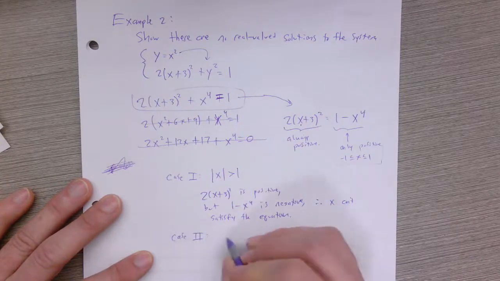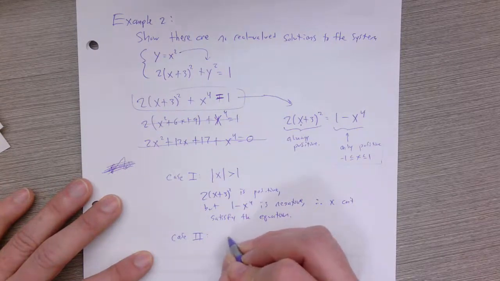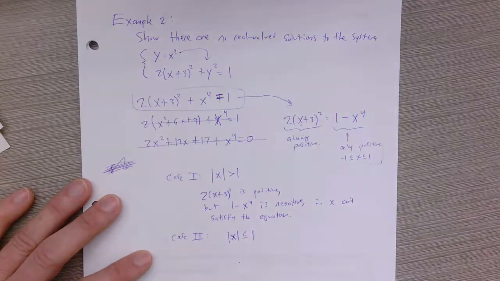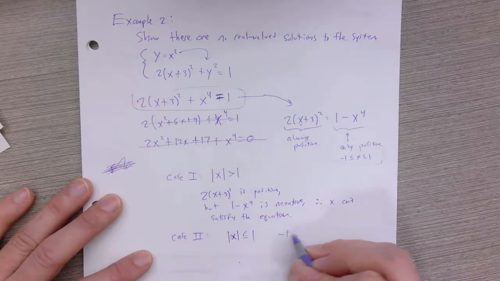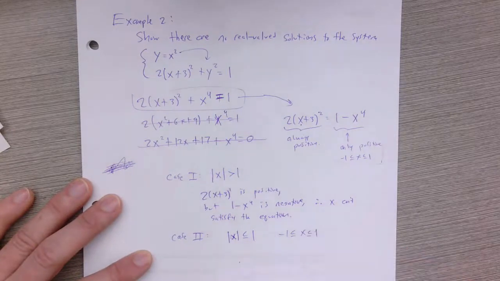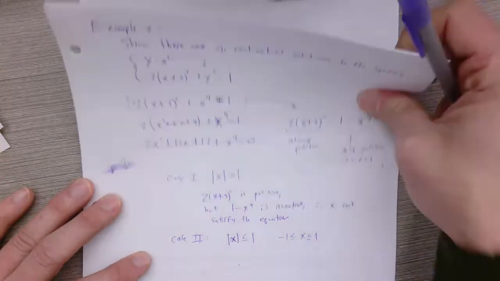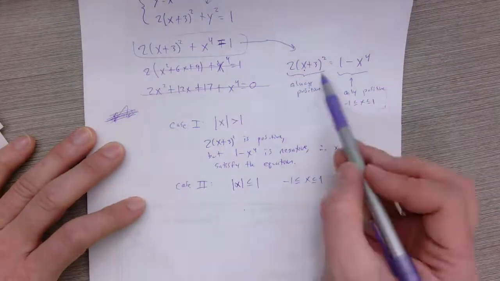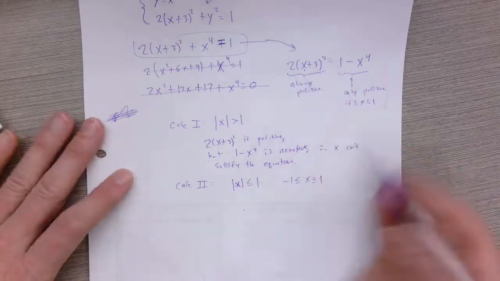Case 2 is x inside the interval, so the magnitude of x is less than or equal to 1, which is just the same as saying that x is between -1 and 1. So here's my argument. Let's look at how big and how small this could possibly be.